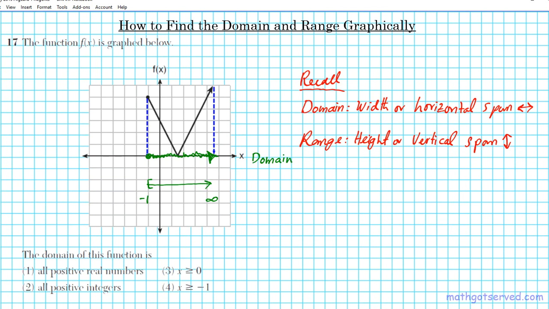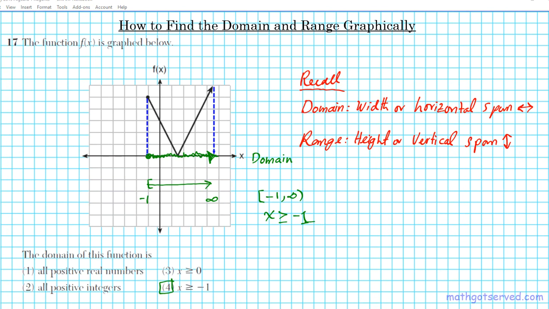In interval notation, it's going to be from -1 to infinity. Using inequality notation, x starts from -1 and goes on to infinity, so x is greater than, and since it's a closed circle, equal to -1. So our answer for question number 17 is option number 4.